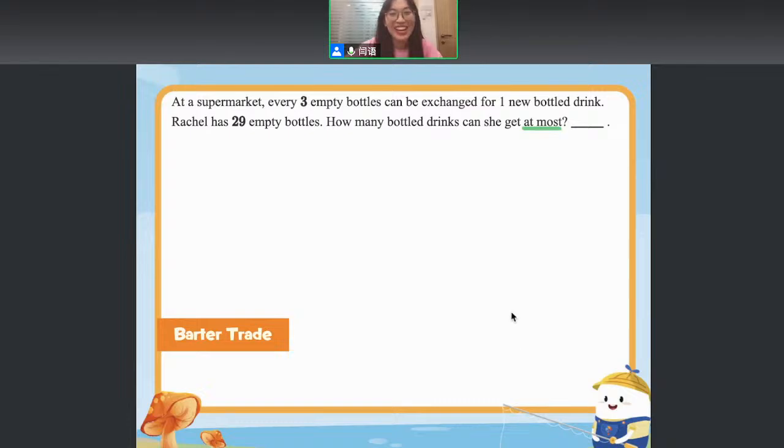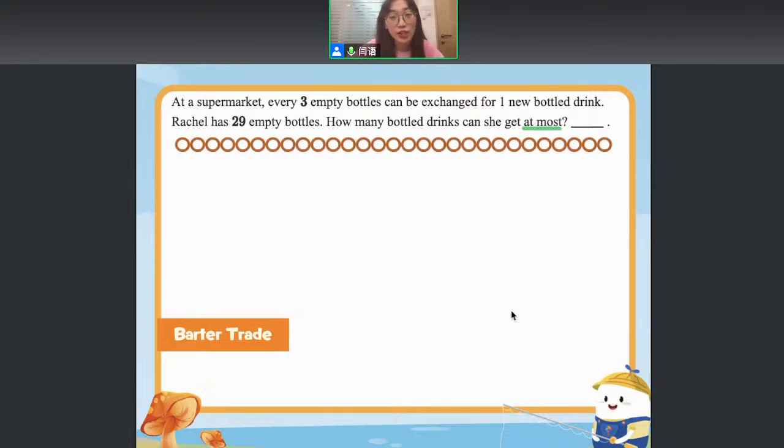Okay, so here everyone, let's have a look. Usually for my students, I ask them to draw firstly. And also I think this is a good method. Okay, when you get used to it, you don't need to draw so many circles, but at the very beginning, try to draw it.